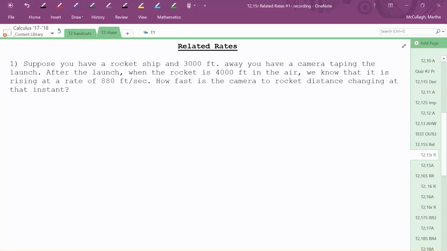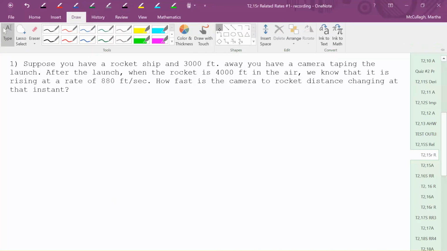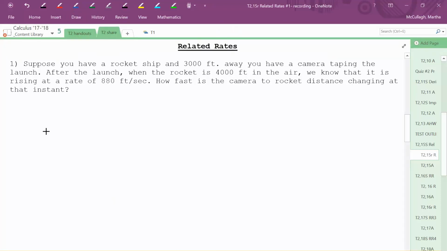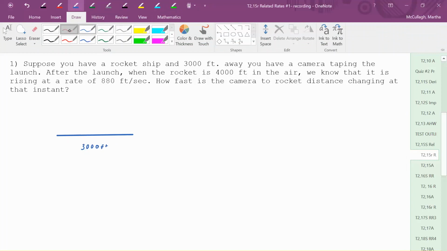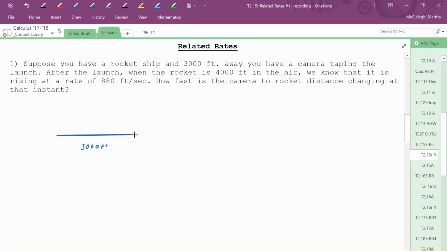We know that this distance from to the rocket is staying at 3,000 feet. We know that the rocket ship is headed up in the air from the launch pad.